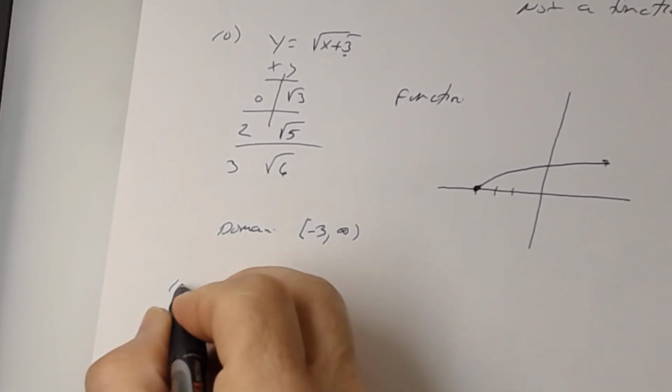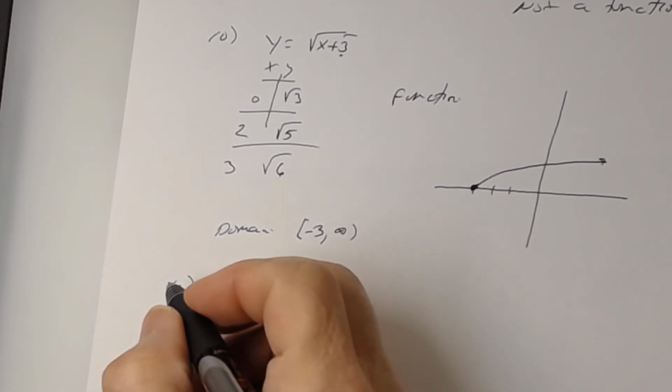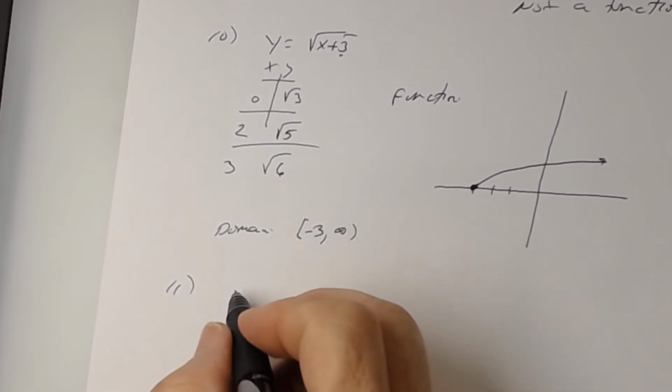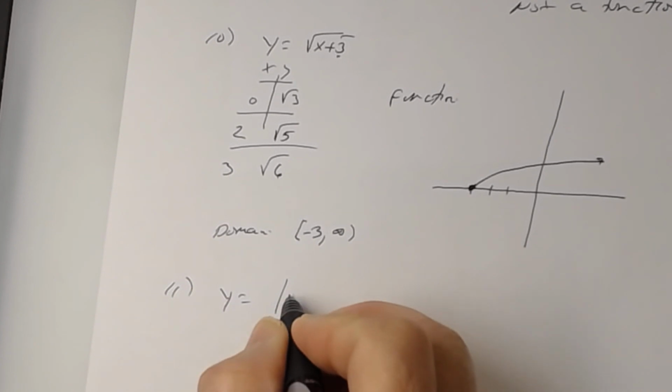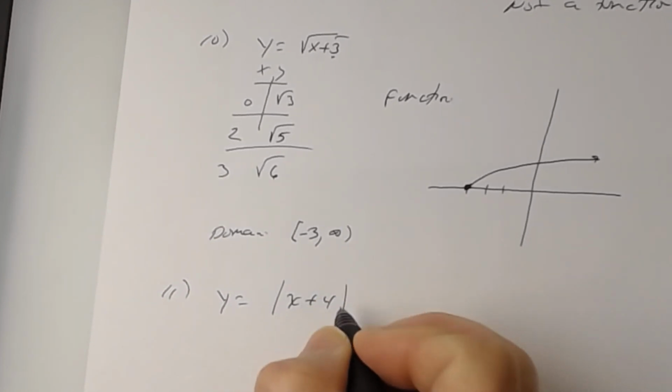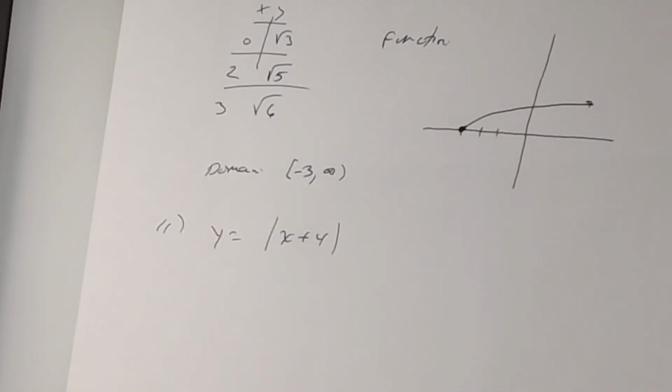All right, what about this one? Is that a function or not a function? You had something like this on a worksheet. It is a function because what does the graph look like? That V. That's the graph of a V. Where's the vertex?